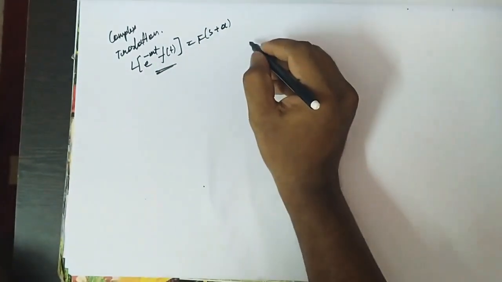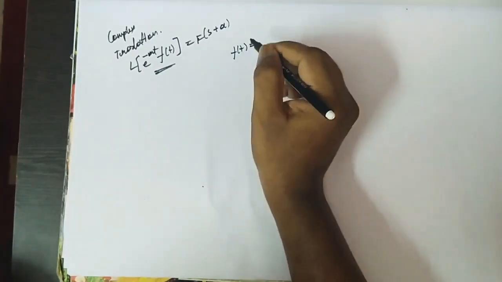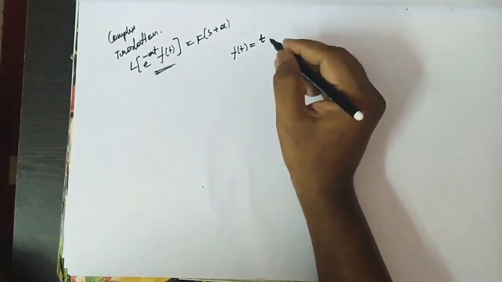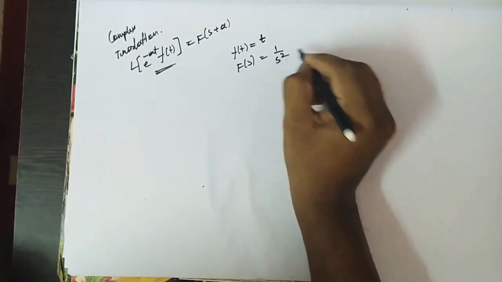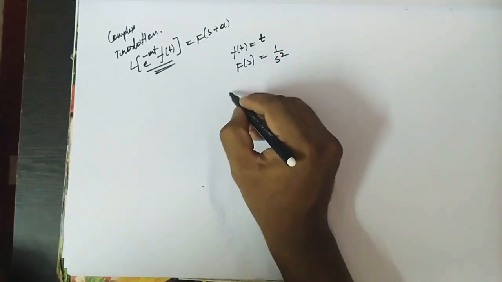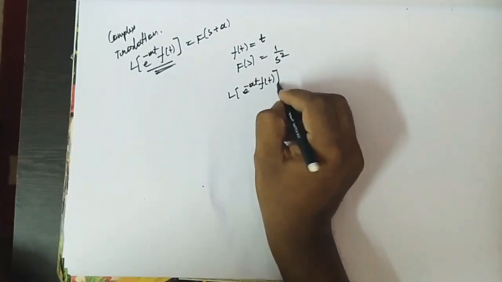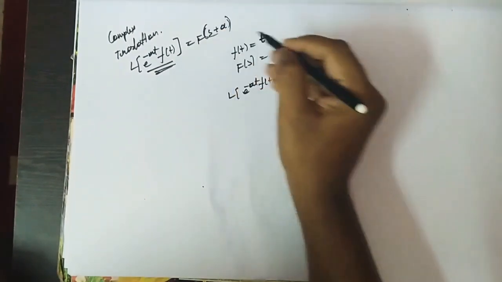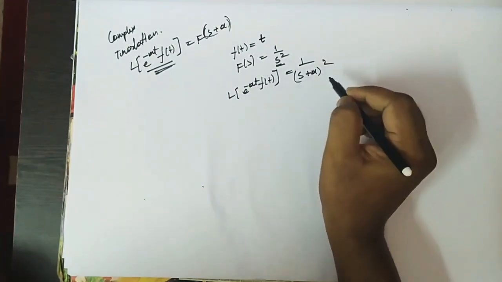For example, if you take f of t equal to the function t, then the Laplace F of s equals 1 by s squared. If asked for the Laplace of e power minus at f of t, in place of s you place s plus a. That means 1 by (s plus a) whole squared.